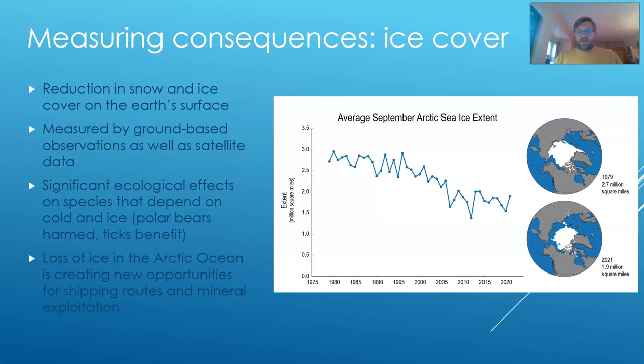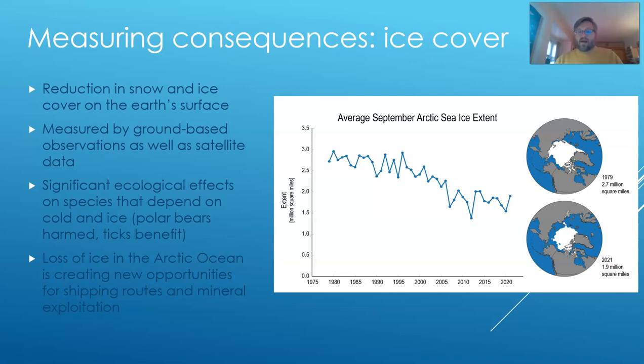And on the graph there, you see one very important place that we keep track of snow and ice cover, which is the Arctic Ocean. So the Arctic Ocean typically would largely freeze over during the winter, and then it would melt back somewhat during the summer, and then expand again, covering most of the ocean during the winter with ice.